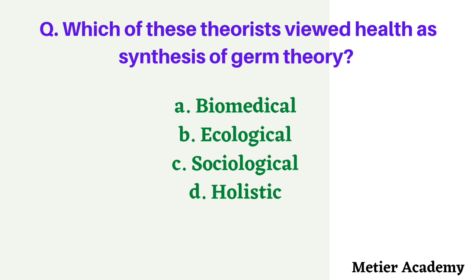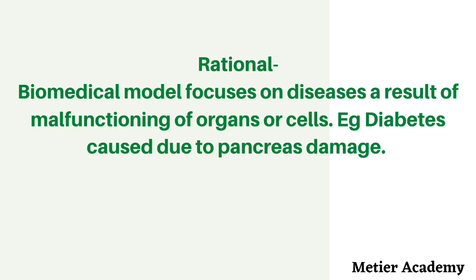Biomedical, ecological, sociological, and holistic. And here the correct answer is option A, biomedical. The rationale is biomedical model focus on disease as a result of malfunctioning of organs or cells. Example, diabetes, it is a disease and it is caused by malfunctioning of pancreas. That's why we selected this option.